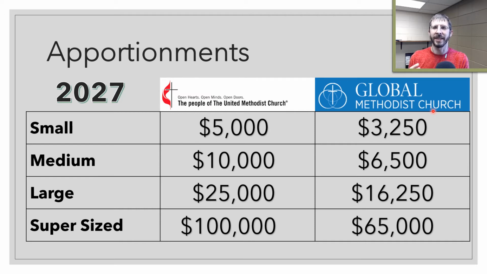So the Global Methodists are going to be trying to build stuff up, and the United Methodists are going to be trying to preserve things. It'll be interesting to see which wins out, the local church or the institution of the conference or the denomination. Anyway, that's something to keep in mind: the further you go out, the harder it is to get accurate numbers. But at least this is where they are trending, or where they say they're going to go.